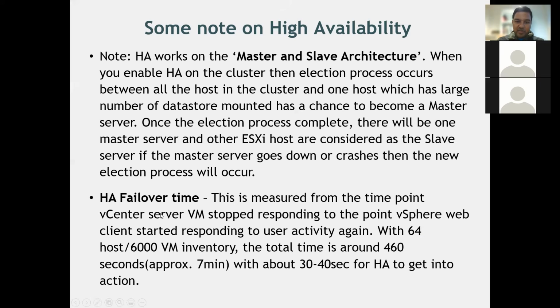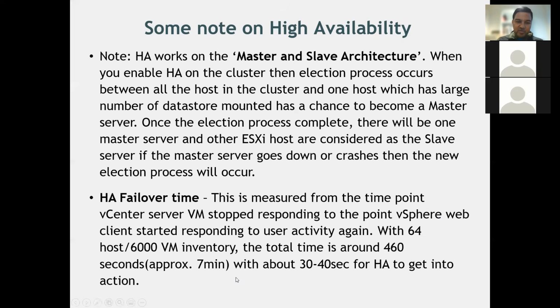That is called failover time, and they estimated a setup where there were 64 hosts, and the vSphere web client was trying to make a connection with the host. Collectively, there were 6,000 virtual machines running on it. They found that if one host fails, there is around 460 seconds of downtime to transfer and maintain all this process.